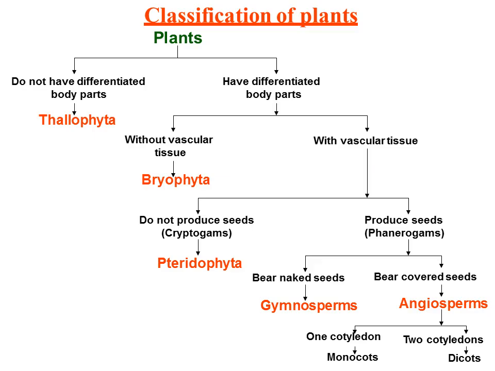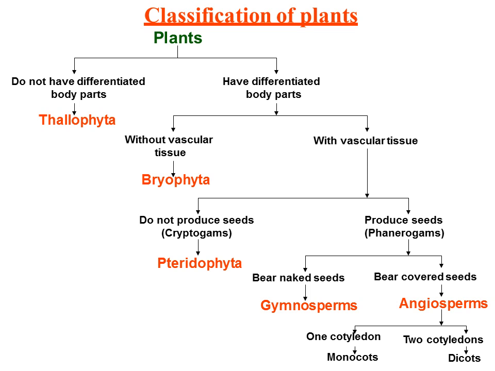As already discussed, plants are first divided into two forms. Number one, the plants that do not have differentiated body parts. Only a single body is there, not differentiated, and that is called thallophyte.